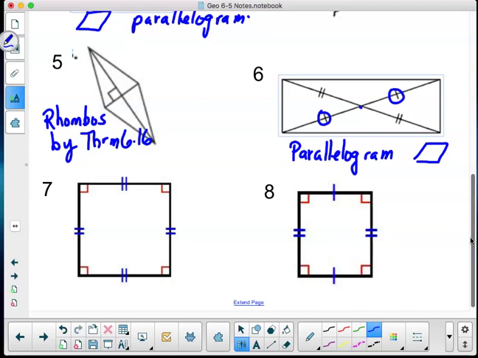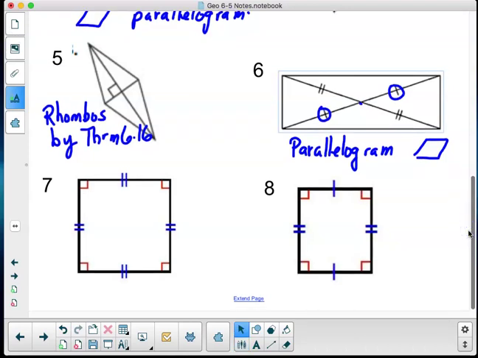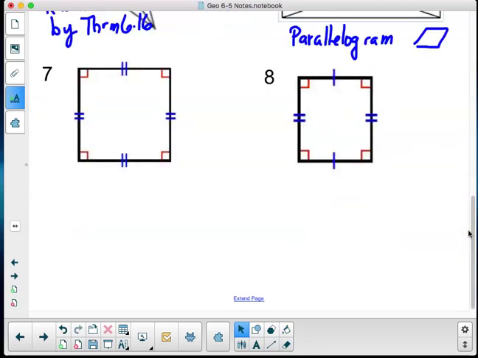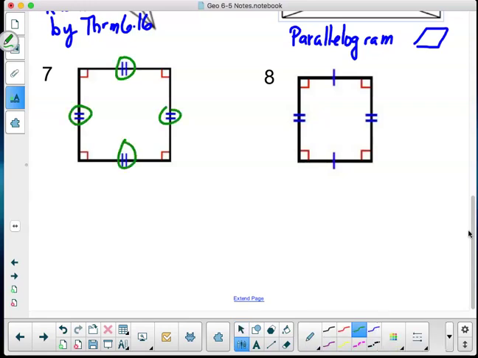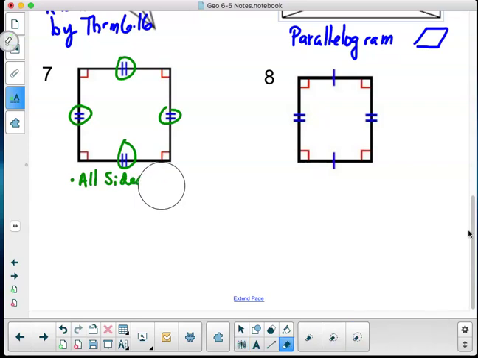Now, in 7 and 8, these are different looking. Turn me off and figure out what it is and turn it back on. Okay, welcome back. In 7, I have opposite sides congruent, and they're all the same measure, so all sides congruent.